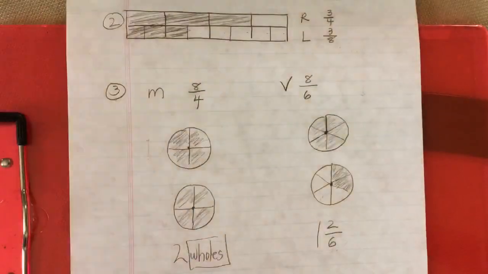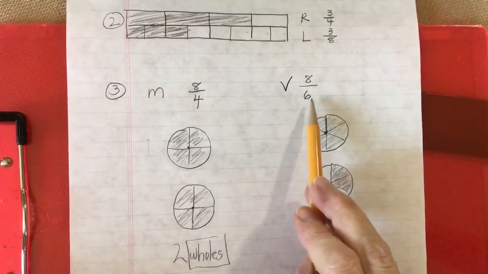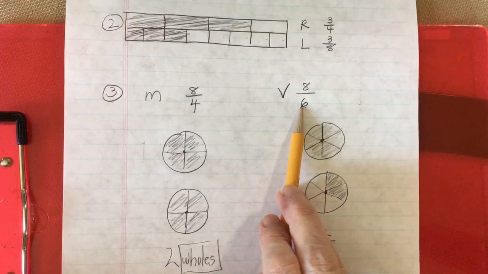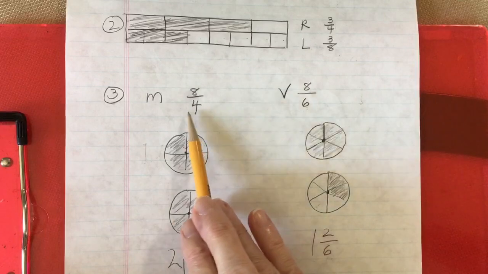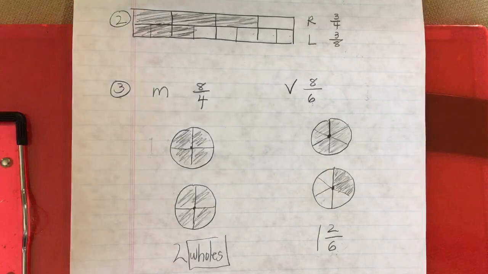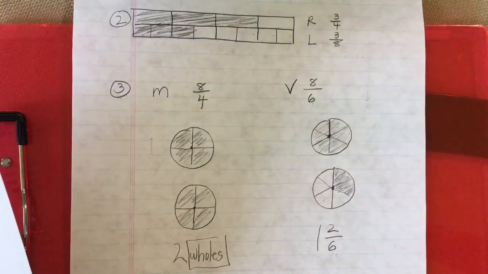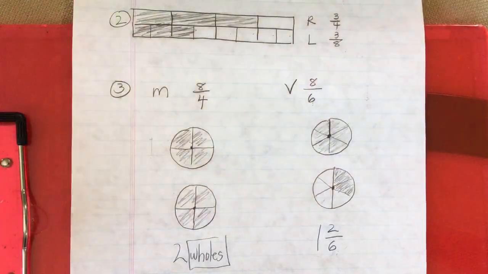So these have the same numerator. So the fraction with the biggest denominator is going to be the smallest. So more or less, who has more, who has less, who has the greatest amount, who has the least amount? What do you think? And how do you know? Pause the video and go ahead and write about what your answer is.